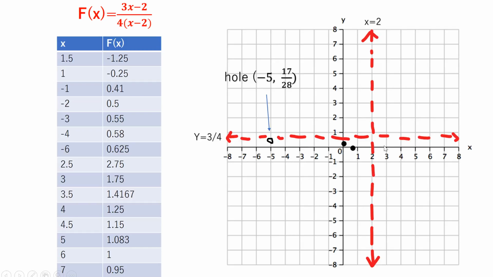When you find the coordinates really close to the vertical asymptote, for example in this case 1.9 or 1.75 and also 2.5 around there, you have to search more exactly.